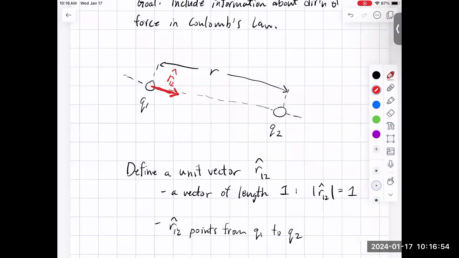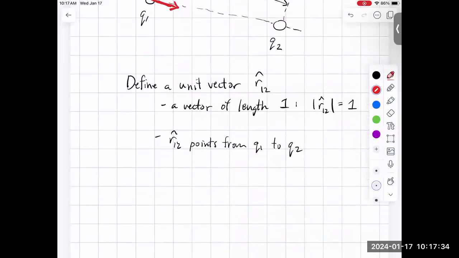And then we say, okay, what if Q1 times Q2, what if they were opposite signs so that their product is negative? One's positive, one's negative, then it's going to be an attractive force, and that force on Q2 will be towards Q1, or it'll be anti-parallel to this unit vector that we just defined. So if the product of the charges is positive, it's a repulsive force, and it's in the direction of R hat 1, 2. If the charges are opposite, it's an attractive force, in the direction anti-parallel to R hat 1, 2.